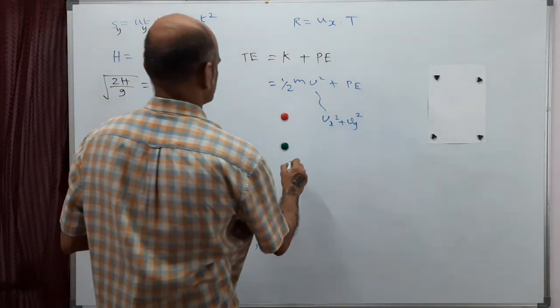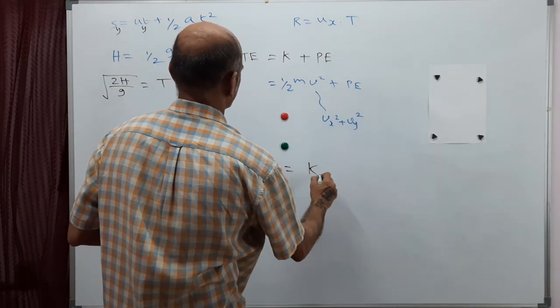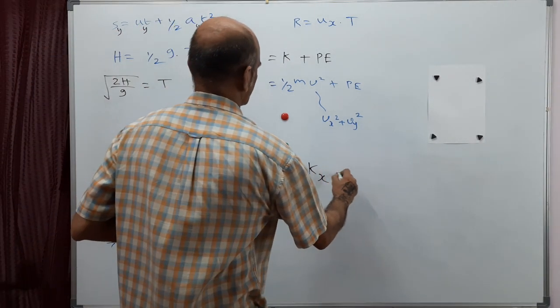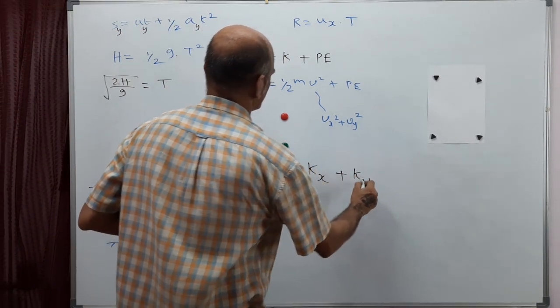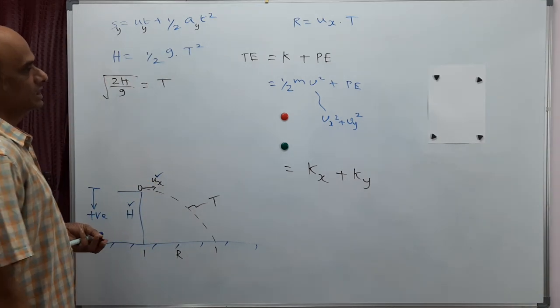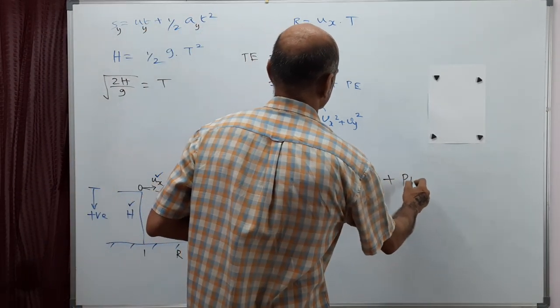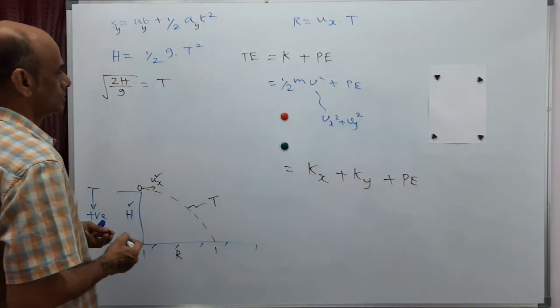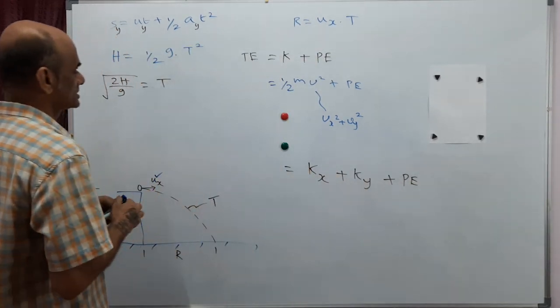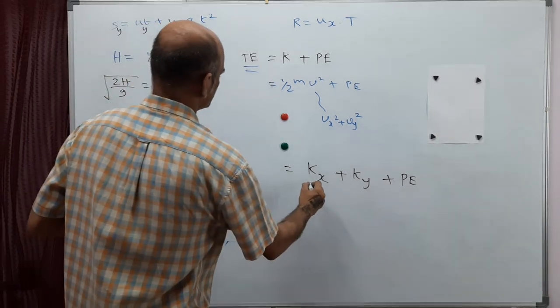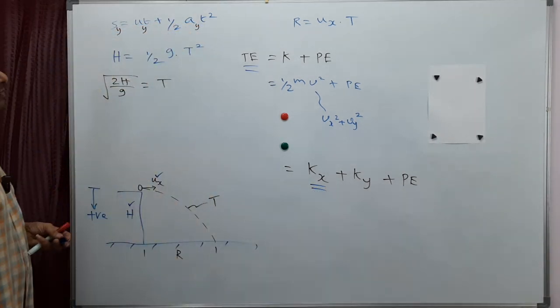So the energy has got 3 terms: kinetic energy due to this horizontal motion, half m ux square, plus the vertical kinetic energy or the kinetic energy due to the vertical component of the velocity, half m vy square, and the potential energy, which is mgh. Total energy is constant because energy is conserved, there is no dissipation, and this component of the kinetic energy is half m ux square.